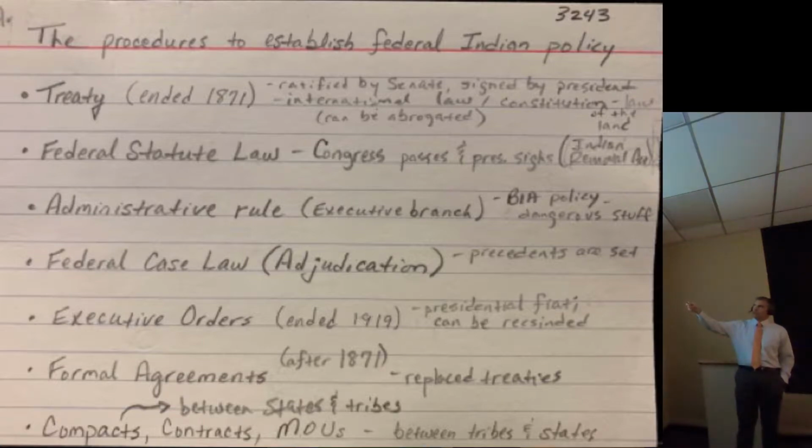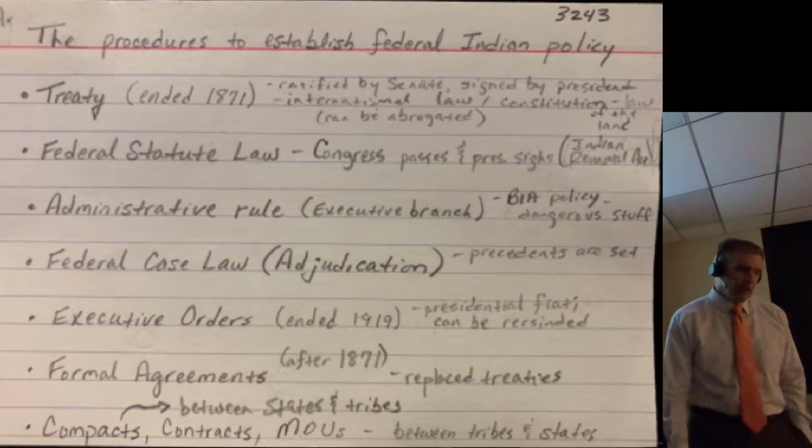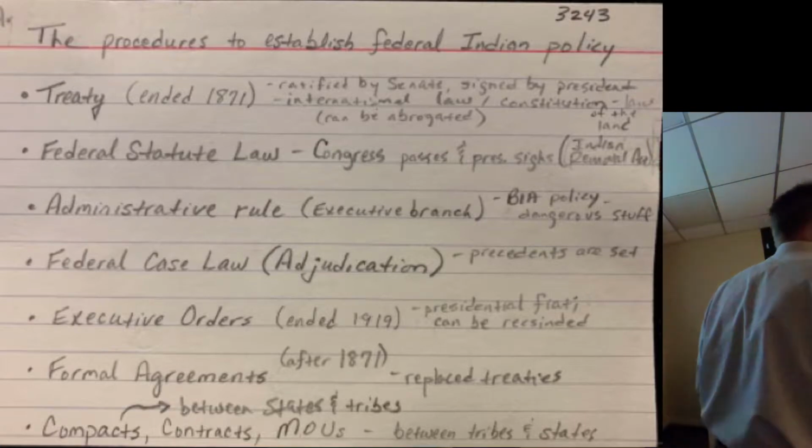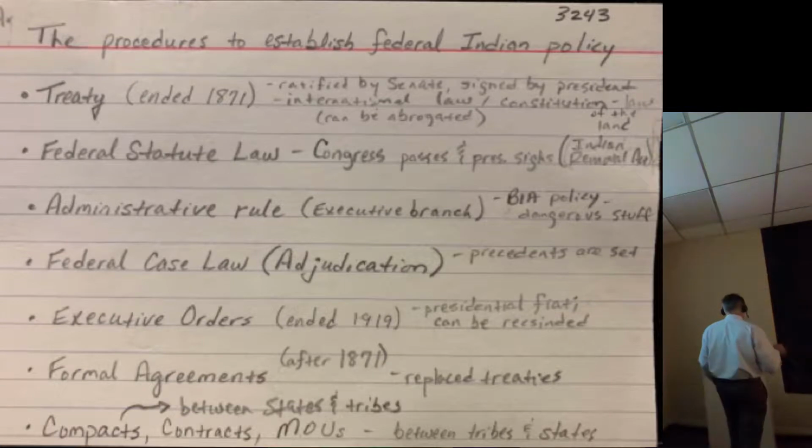They are considered the law of the land. They cannot be changed, except in the case of Indian treaties, they can be abrogated. In the case of the United States, there is one way that Indian treaties can be abrogated, and that is if the United States Congress says they will be abrogated, they will be ended.